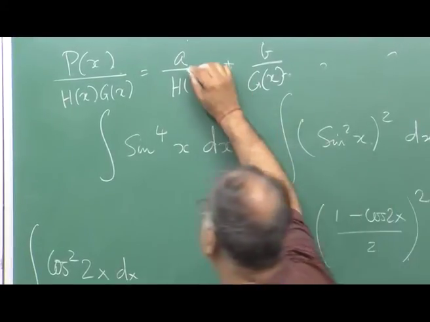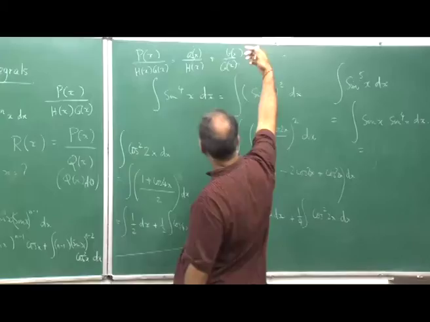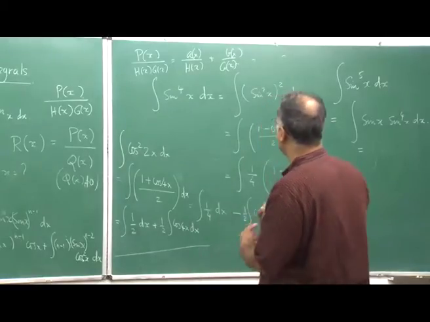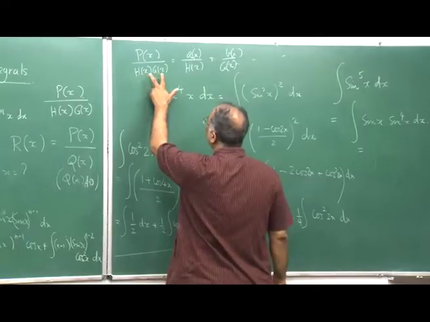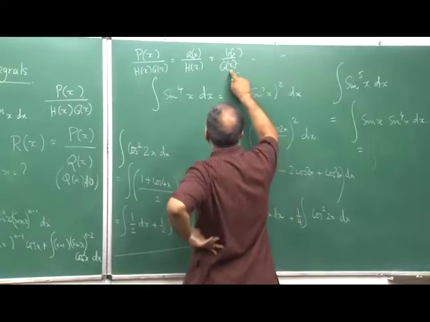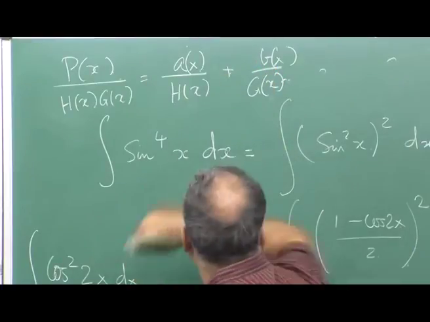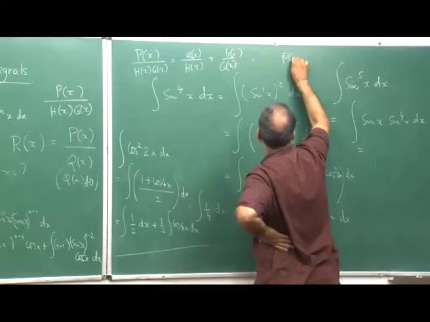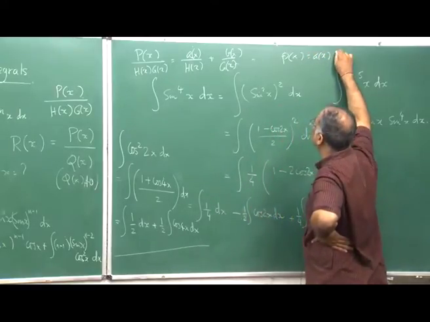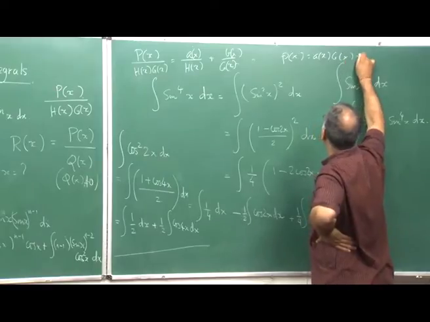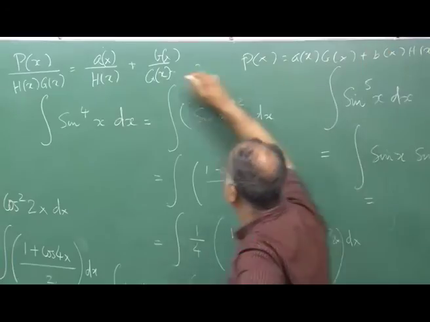Sorry, these are all functions of x, I made a mistake. So, you want to find out what a x and b x are. Basically, g x into a x plus h x into b x is actually your p x. So, this polynomial p x is a x into g x plus b x into h x. So, we have to figure this out.